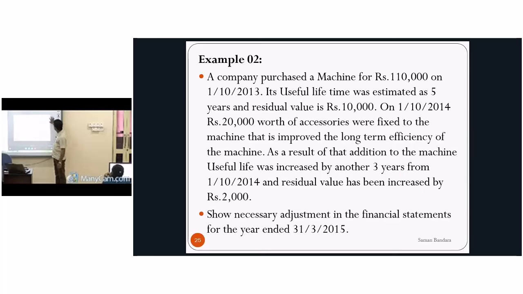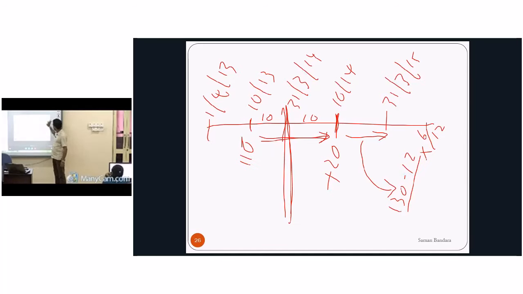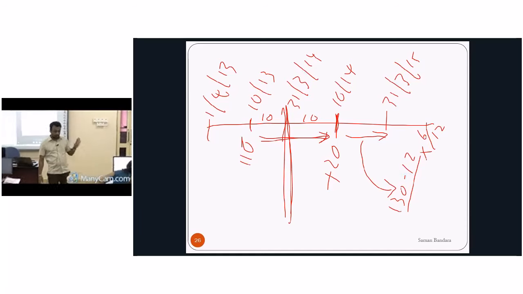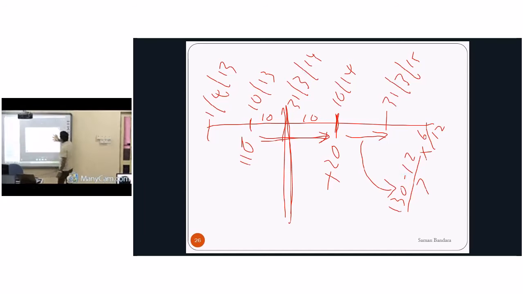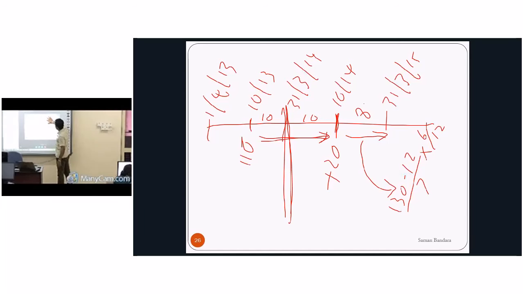Altogether how many years? 1 year has gone, originally estimated as 5 years, so the balance is 4 plus another 3, altogether 7. This should be divided by 7. So 130 minus 12 divided by 7 into 0.5, around 8.4. Depreciation for this period will be 8.4.